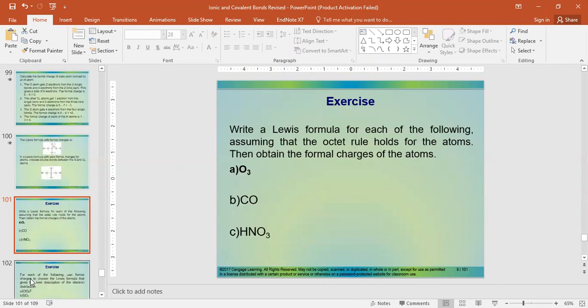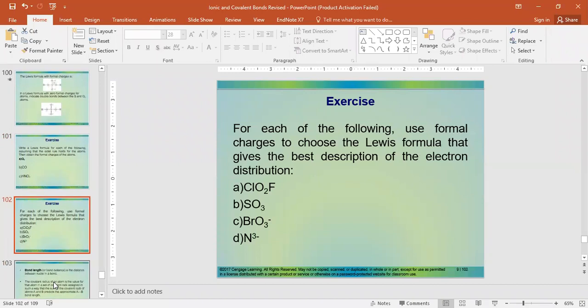Let me see whether there is anything I have lacked. I seem to have lacked an ion, but let me see as we continue. These are further exercises. Now, let us look at this. For each of the following, use the formal charges to choose.